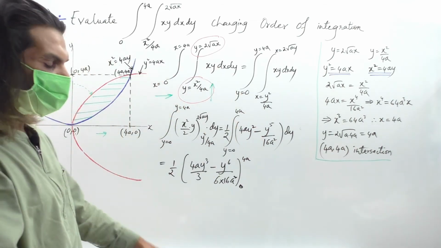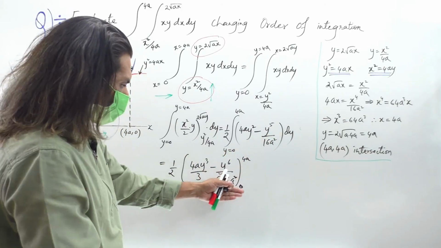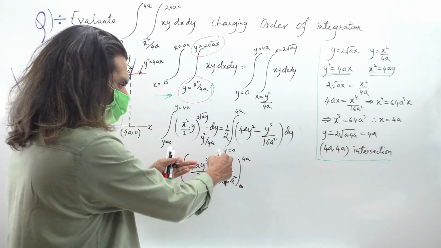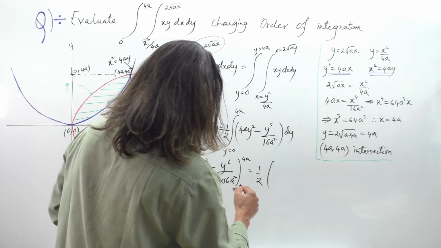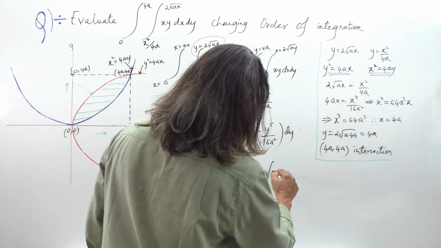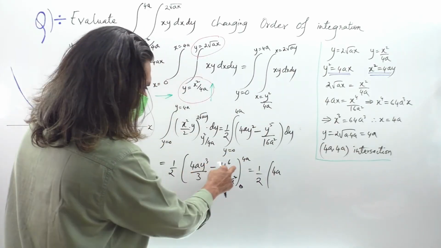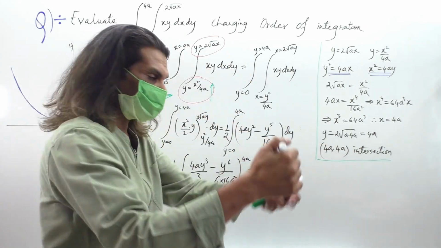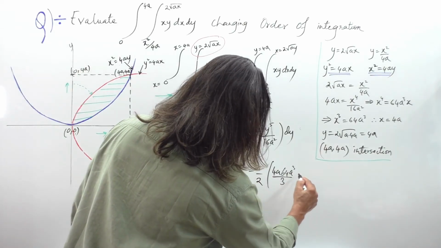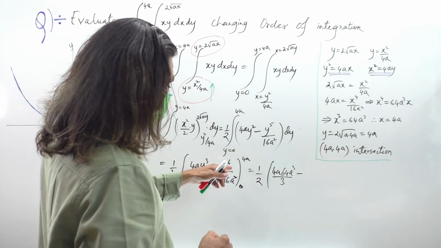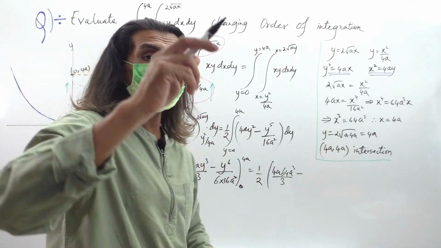Now we have the integration, we put the limit. The 0 limit gives nothing, so we put the top limit 4a. This becomes 1 by 2. So this will be how much? 4a into y cube. y is 4a, 4 cube is 64. So 64a cube by 3 minus, again in y put 4a, 4 raised to 6.